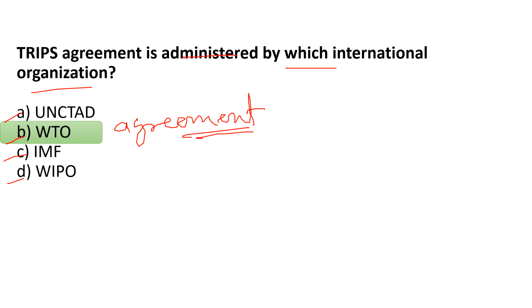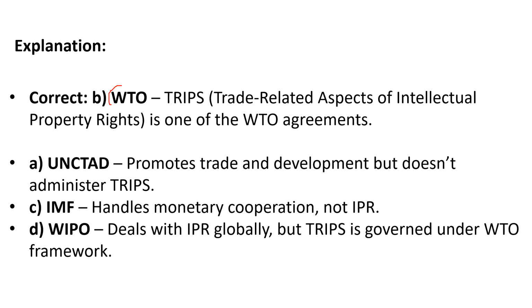TRIPS is an agreement of the WTO which is totally related to IPR, that means intellectual property rights. Then UNCTAD is not related to the WTO, and it is not related to TRIPS or IPR as well.